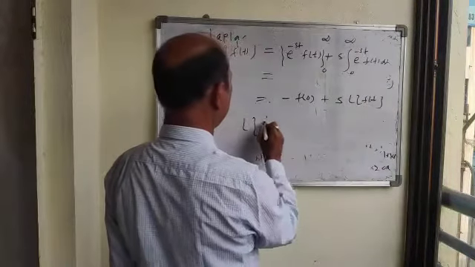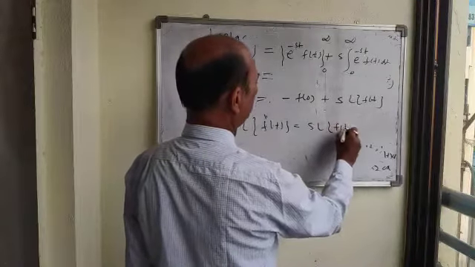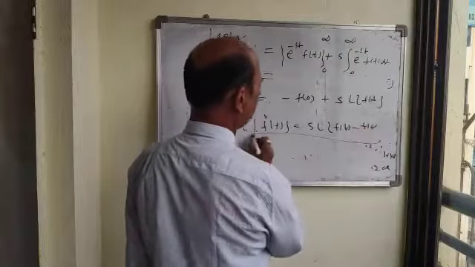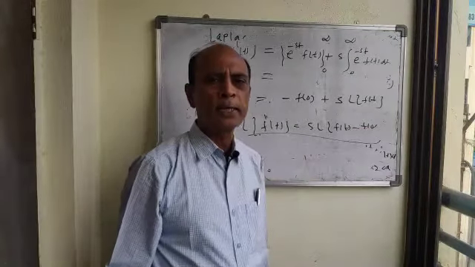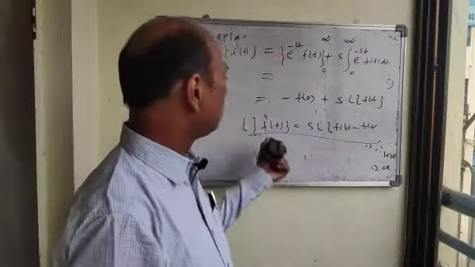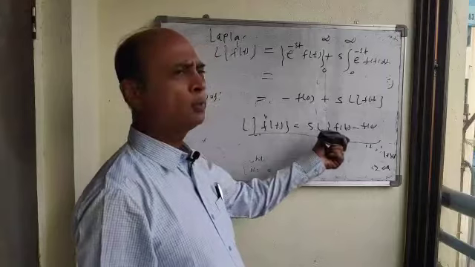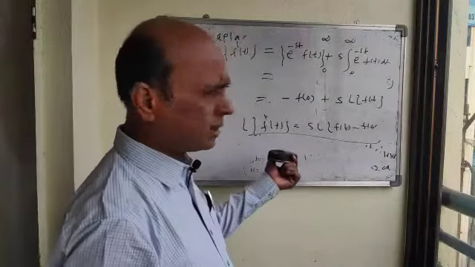So in this way L of f dash of t is equal to s L of f of t minus f of 0. So this is the formula. Here we can find the Laplace transform of the derivative of a function, that is L of f dash of t is equal to s L of f of t minus f of 0. Now we can extend this result.